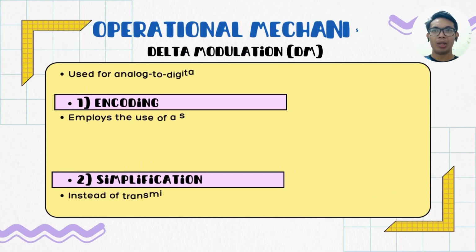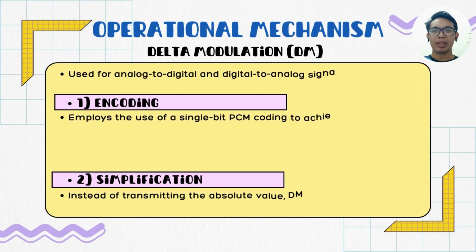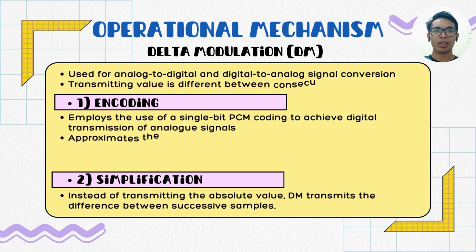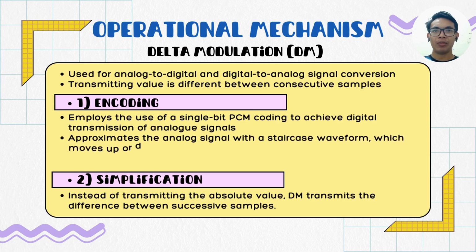Lastly, for delta modulation (DM), the technique is used for analog to digital and digital to analog signal conversion. It transmits the difference between consecutive samples.